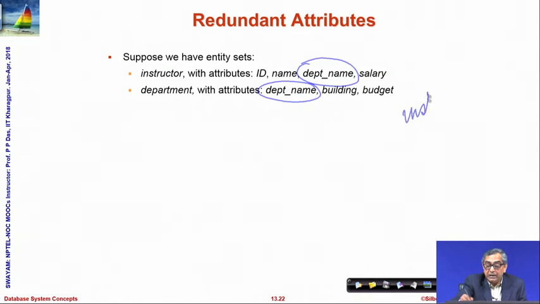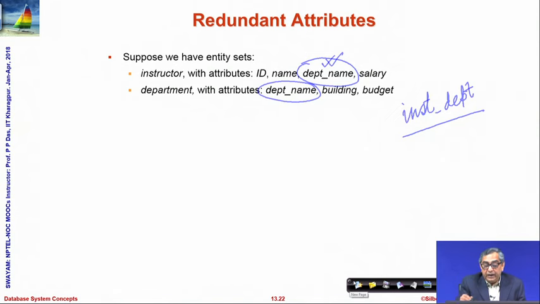Now, since every instructor belongs to a department, naturally we might want to have a relation inst department which could give the instructor and his or her department name. So, if we maintain that, then this becomes a redundant attribute. This is not required, because that information is already there in this relation.